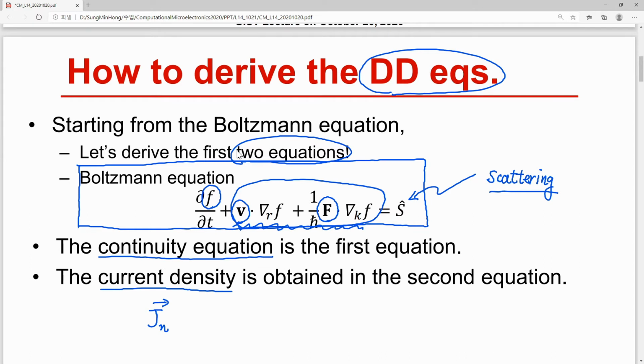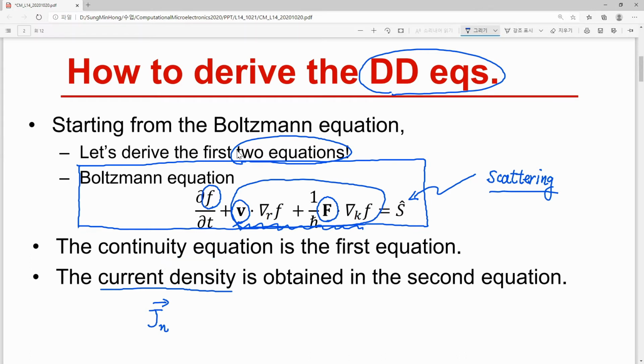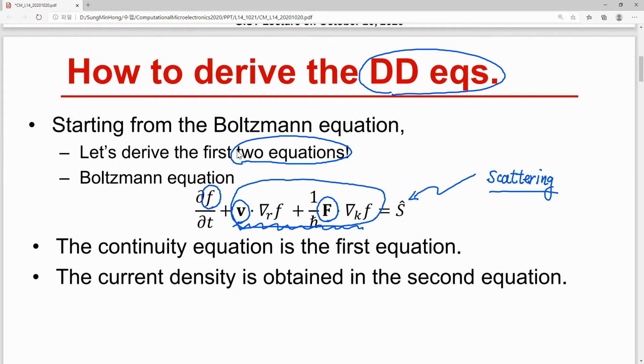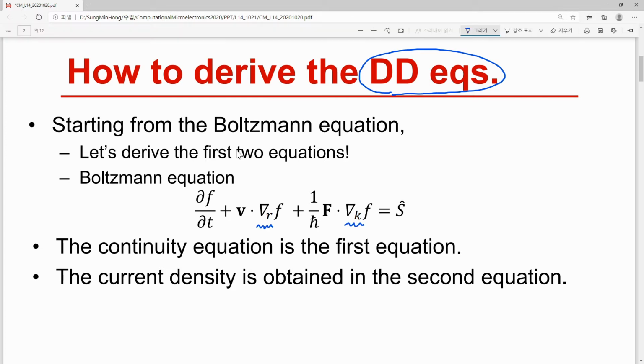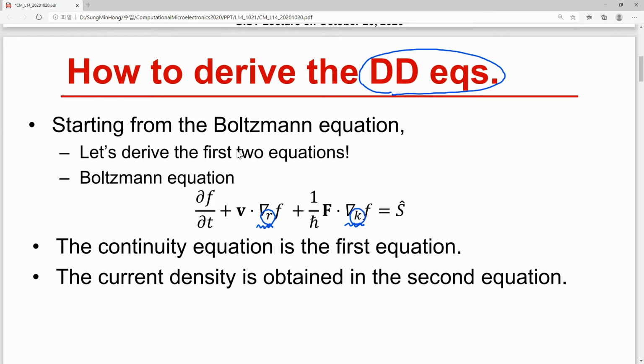So I will just assume that you can understand this Boltzmann transport equation, and from it I will try to derive the first two equations, the continuity equation and the current density equation. And please note that here we have two different differential operators, in real space and momentum space. So please keep in mind that they are different.